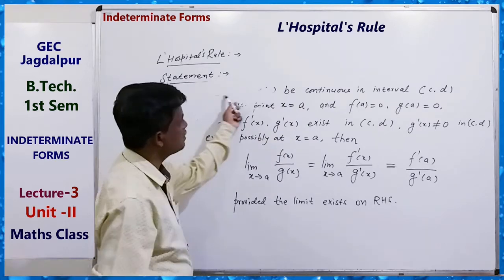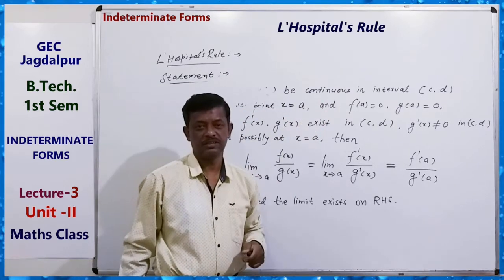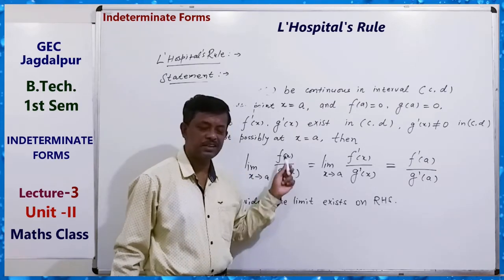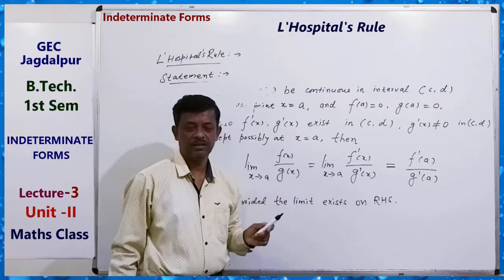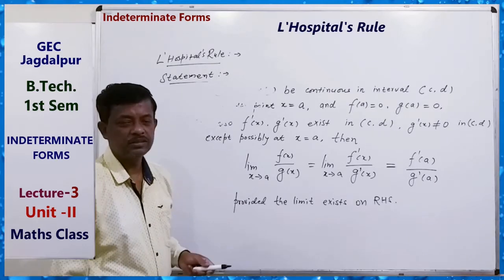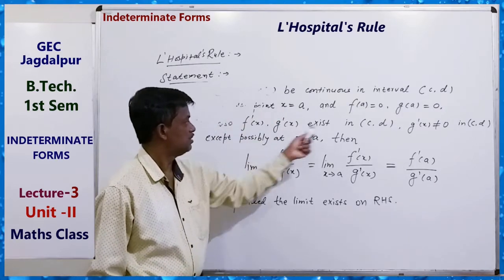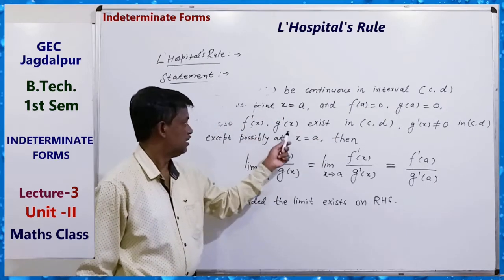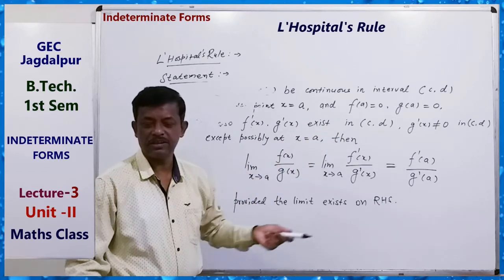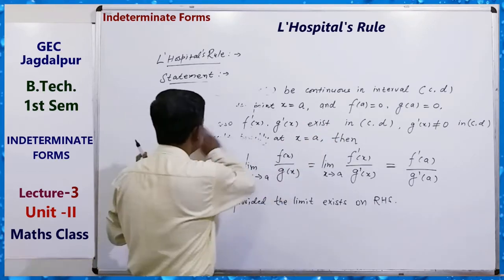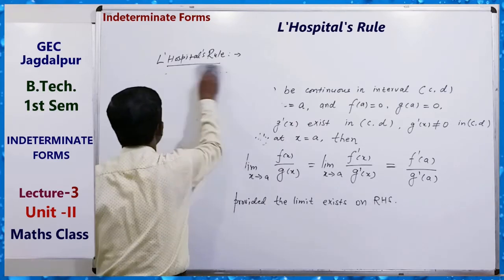See here, f x and g x are both continuous. So for establishing this relation, this formula, this rule, we can use continuity, and the derivative exists. Then we can use Taylor's theorem, that is the general mean value theorem. So the proof is very simple.